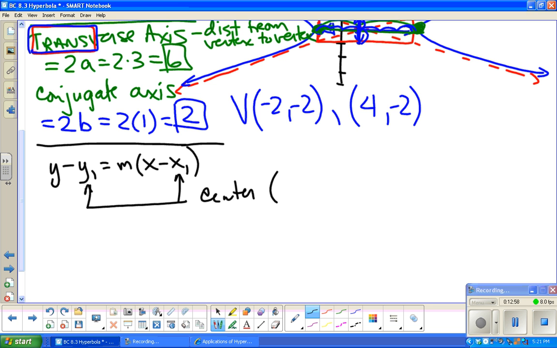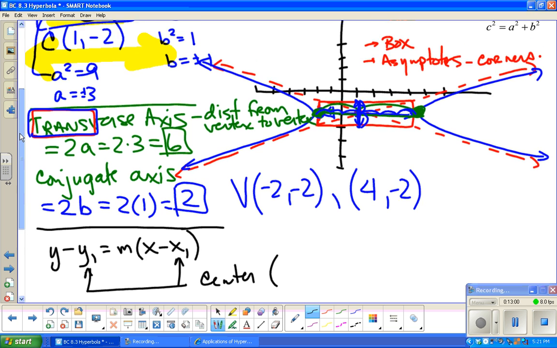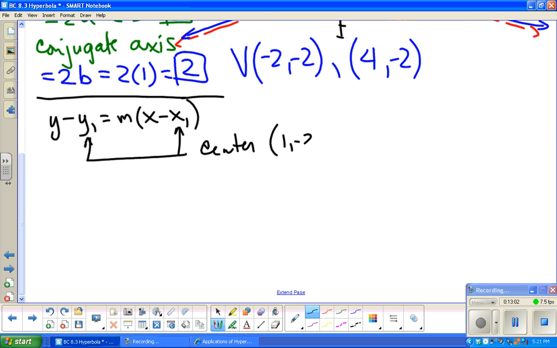I already know that the center is 1, -2. So I'm going to do y minus -2 equals slope times x minus 1.